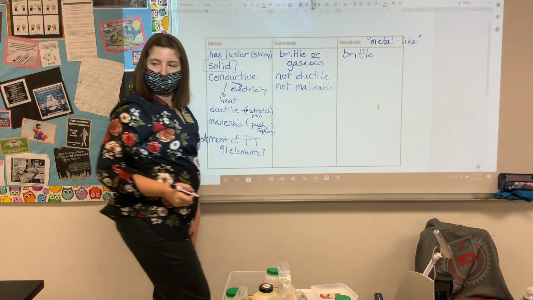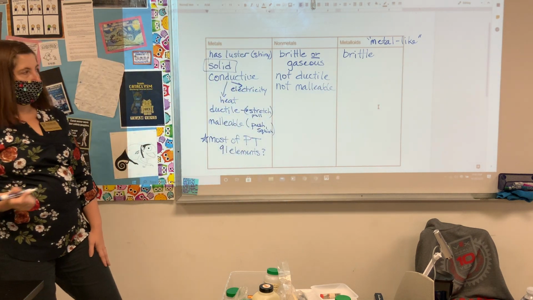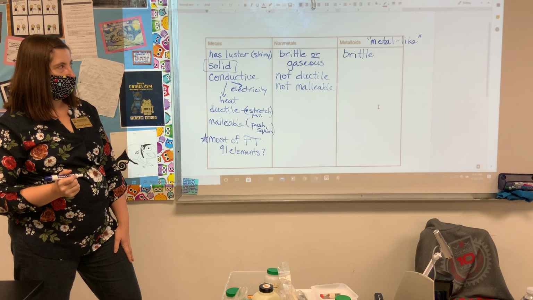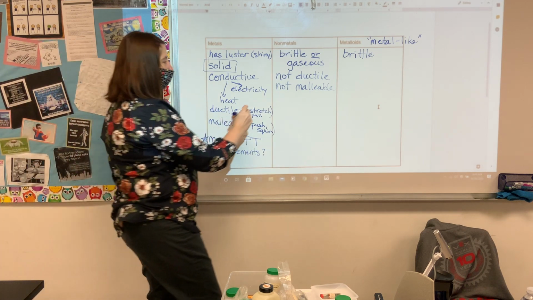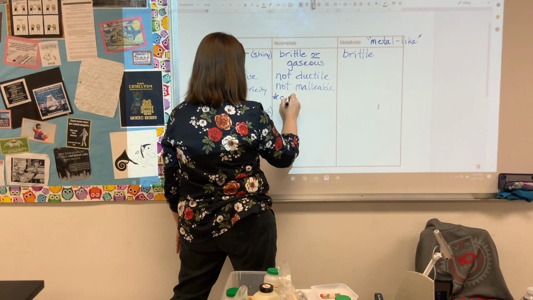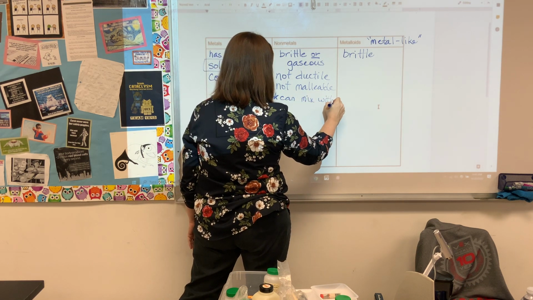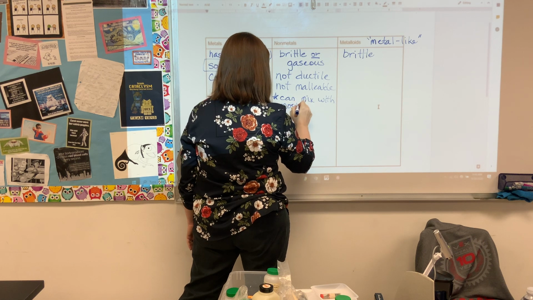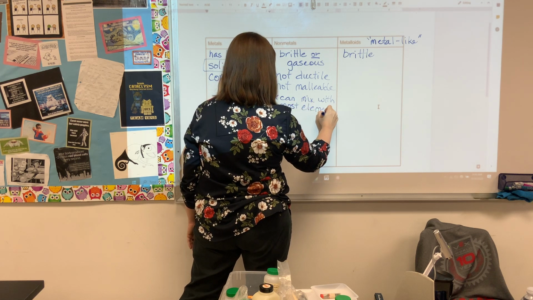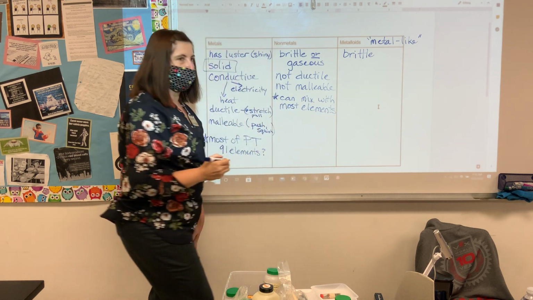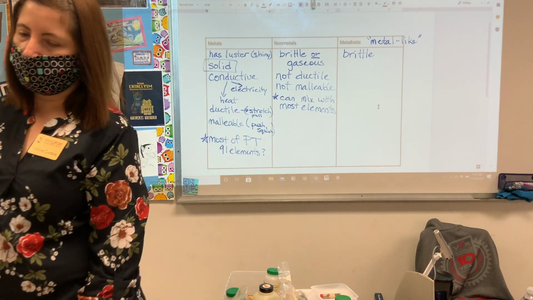Bella, give me another. A non-metal can mix with most of the elements. Okay. So she says can mix with most elements. It's another thing that we know about non-metals. Sydney?